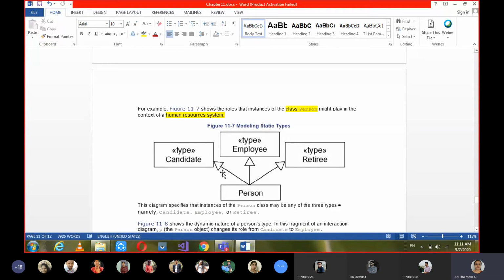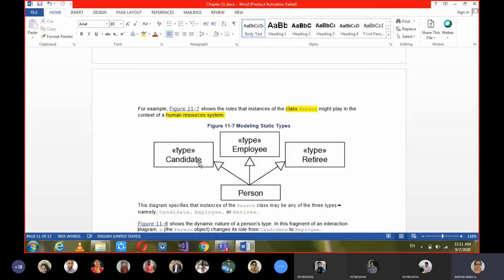Suppose, see here the example, person. He may be a candidate type, a person may be an employee type, a person may be a retiree type. Being a candidate or a student is a long course of time, yes or no? Maybe 10, 15, 20 years you might be studying.